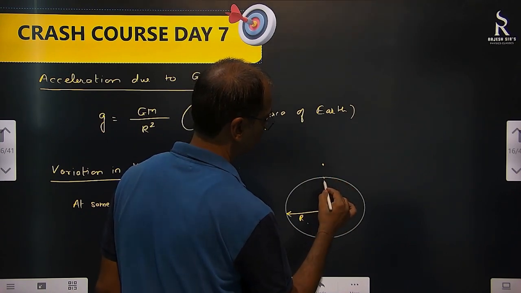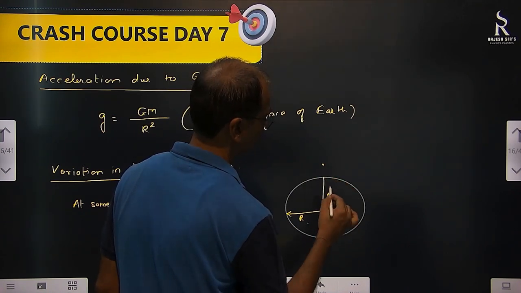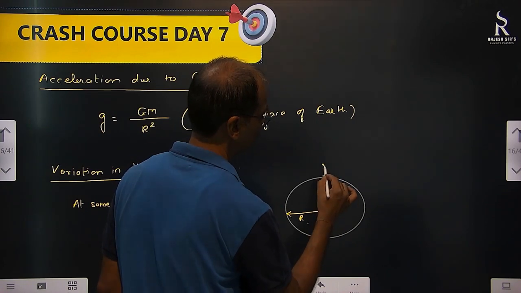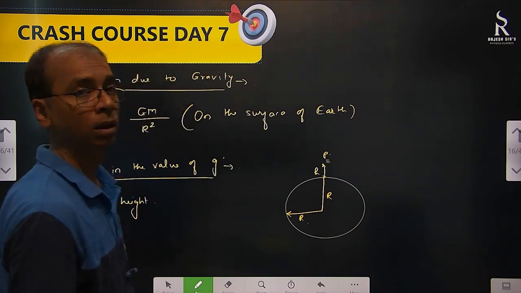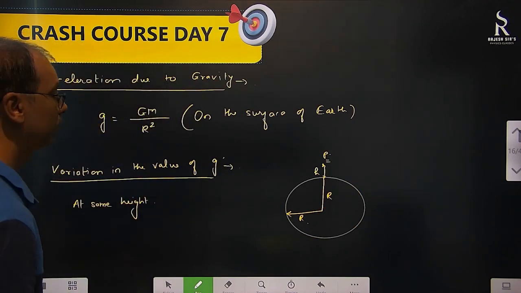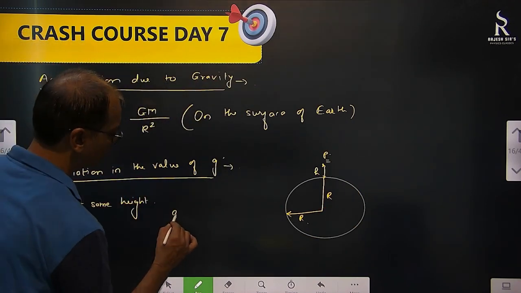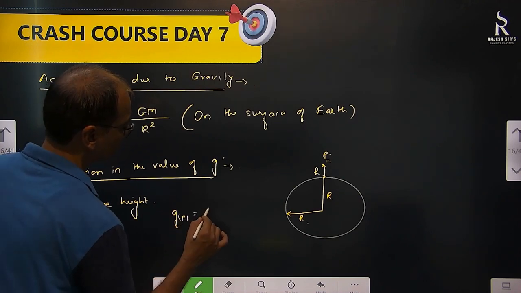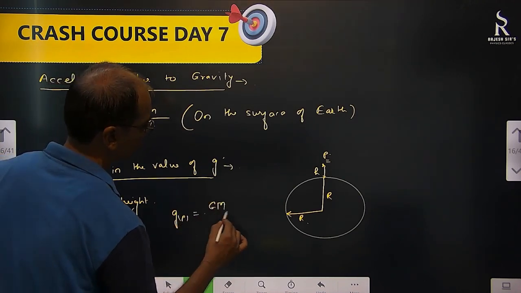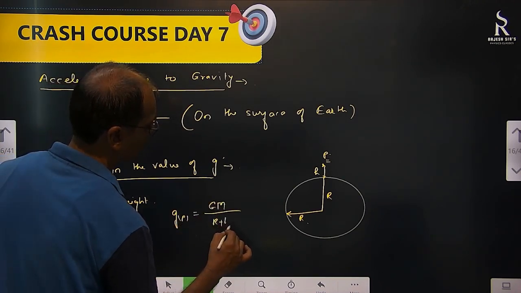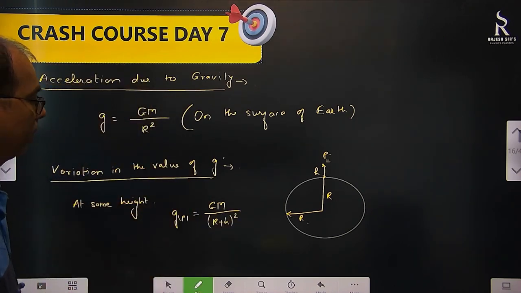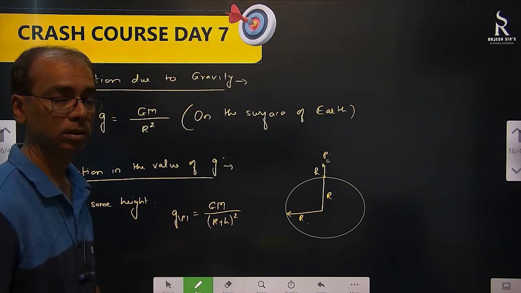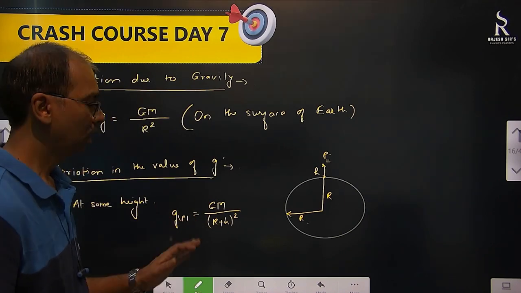This is r, and this is h. This point is P. So what is acceleration due to gravity at point P? We'll say acceleration due to gravity at point P is g equals GM by (r plus h) whole square, because the formula is this. This is the actual value at P.